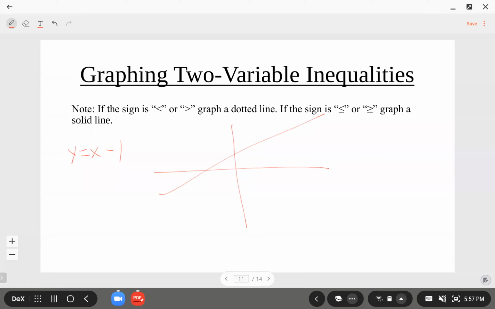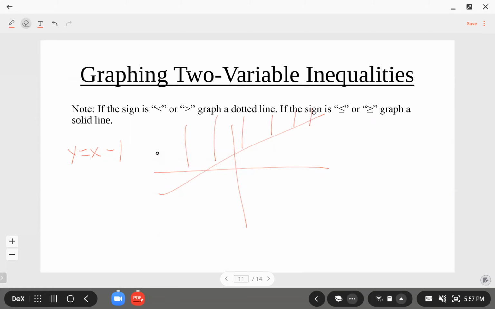Once we have this boundary, everything below it will be possibilities. If there's a different sign, everything above it will be possibilities. Let's say we have a greater sign, everything above it.